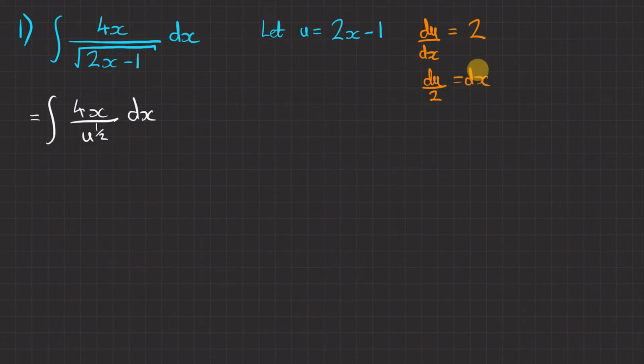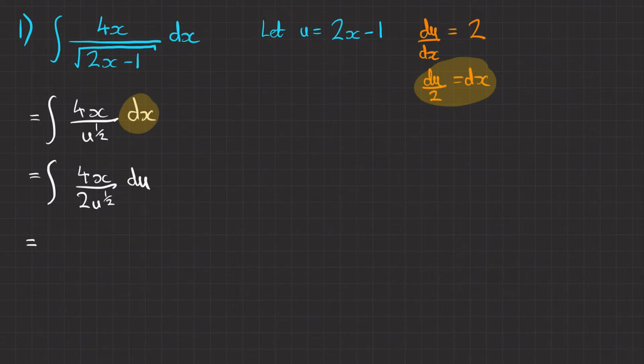So what we need to do is replace this dx term with this one, and that will give us the integral of 4x over 2u to the half with respect to u, because we've times the u through. Next, we need to simplify this down, so we'll have the integral of 2x over u to the half with respect to u.